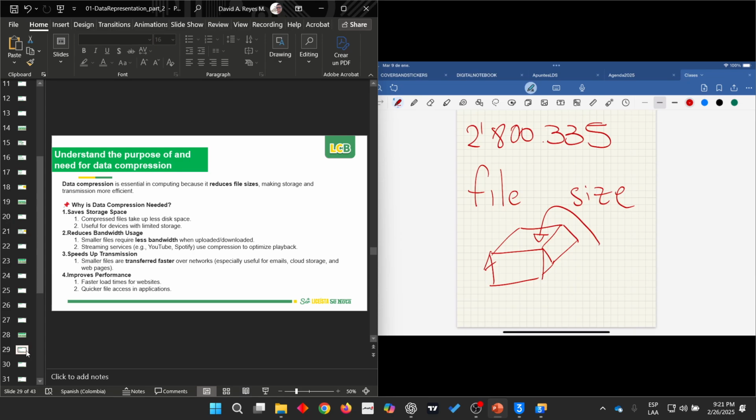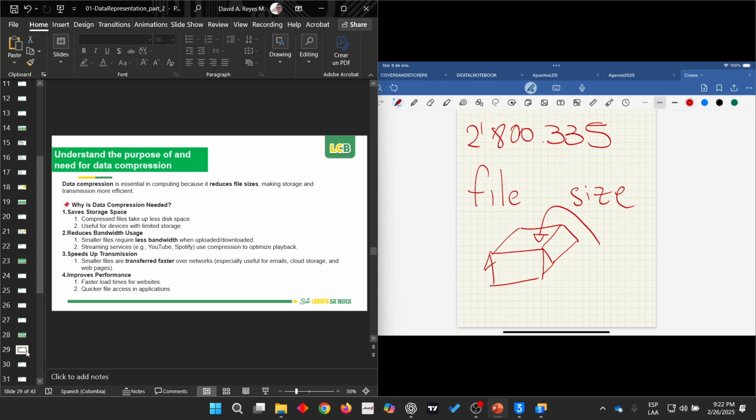Okay, so what is the advantage of this? That you are going to save storage space. You are going to reduce the bandwidth use. For example, if you are going to send a video using your email and your video is so big, you need to compress it, just for storing the video in your email, and the video transmission is going to be faster.